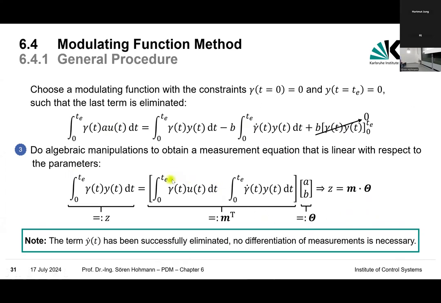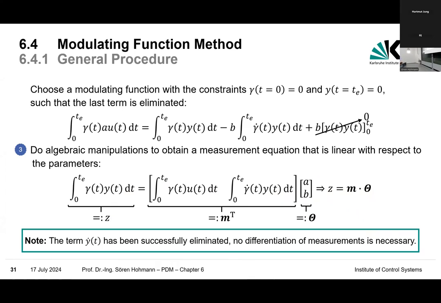And if you do so, you end up with, again, a simple equation like gamma y is equal to a vector m transpose times ab, which are the unknown parameters theta. So we get z is equal to m times theta, similar to what we know from the algebraic method, right?